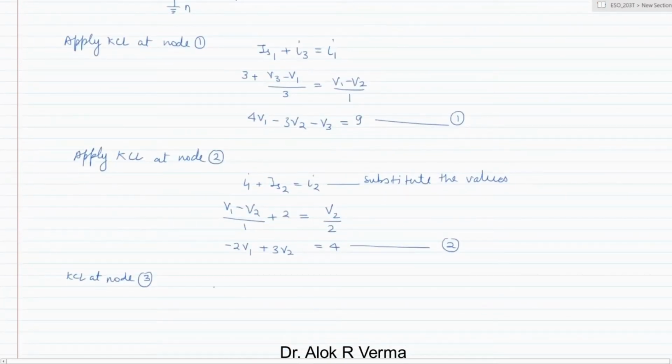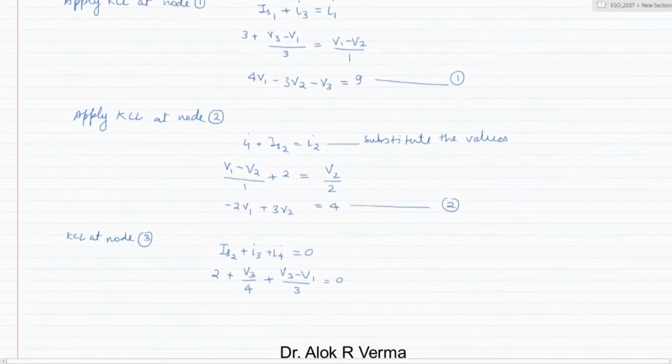So IS2 plus I3 plus I4 is equal to 0. So this is basically 2 plus V3 by 4 ohm plus I3, which is nothing but (V3 minus V1) by 3, is equal to 0.